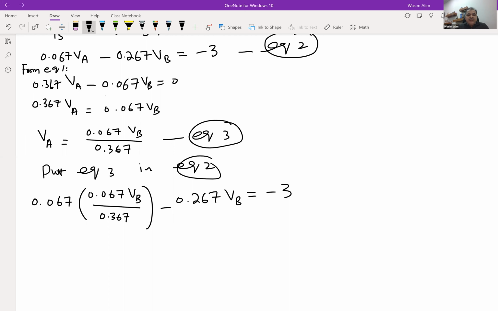Could you multiply 0.067 times 0.067? Just 0.067 to the power of 2. Yes, squared. So it's going to be 0.0045. And now divide that number by 0.367. It's going to be 0.0122.